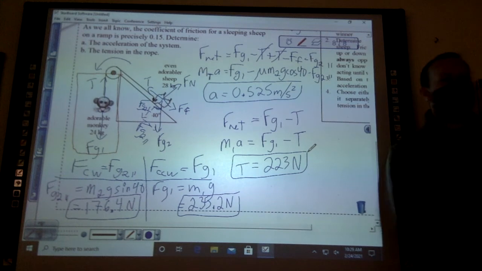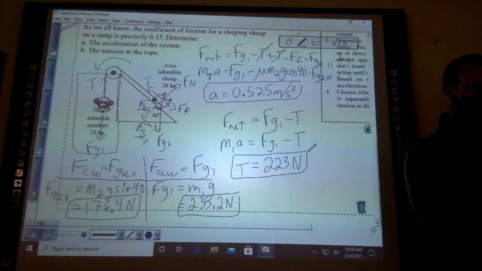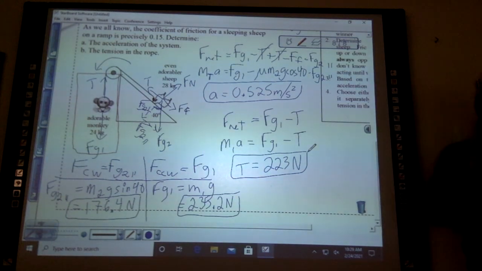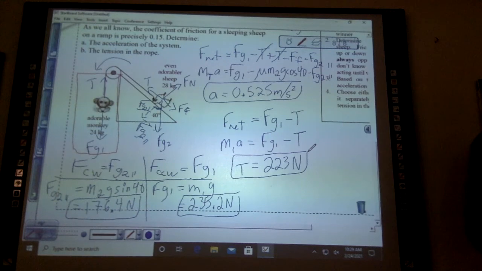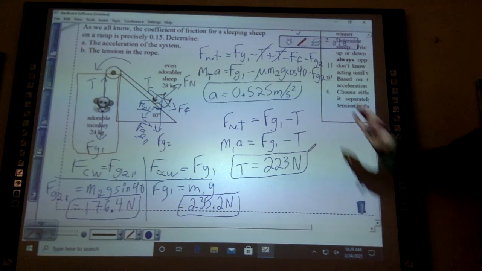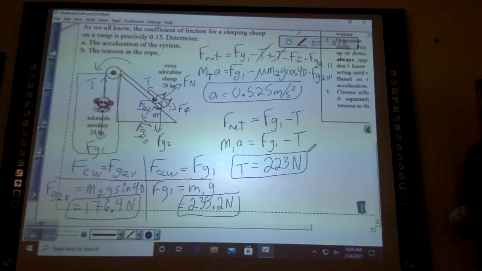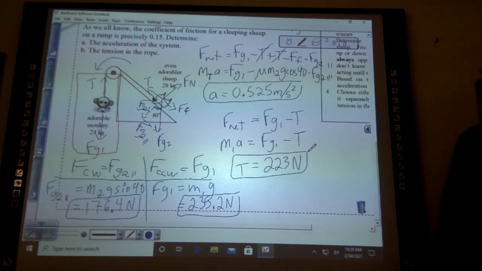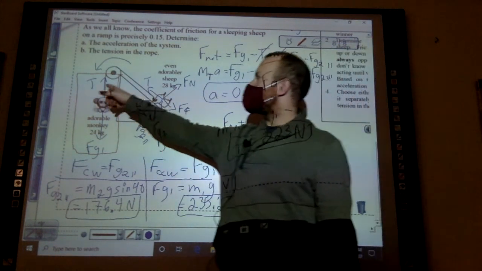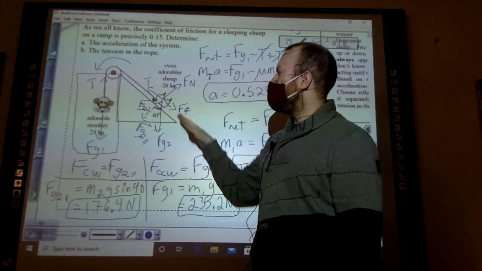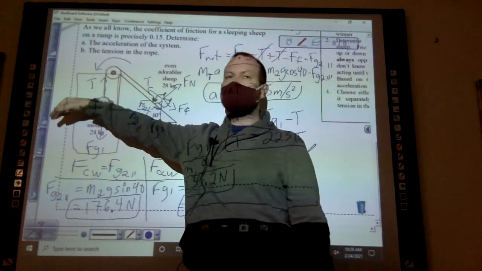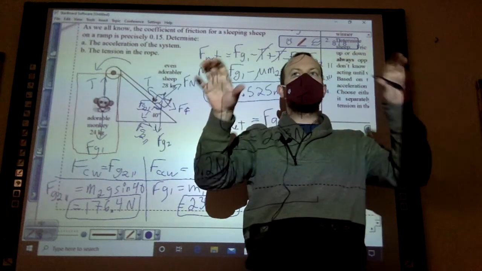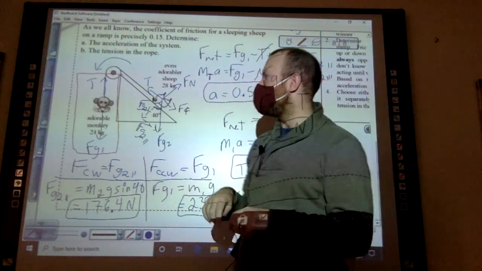Okay, so before I completely lose your attention, what time do we got? 27, okay. So before I lose you guys here, let's talk about the general strategy with this, because this is a lot, and depending on what kind of masses you've got, I can give you this situation where instead of this monkey hanging straight down, I can make a double-sided incline where they're both on inclines on either side, and you have to calculate that.